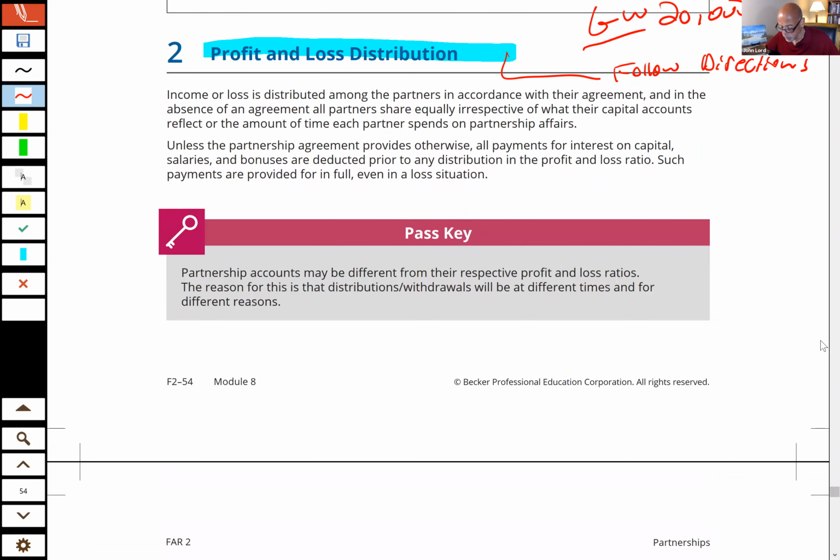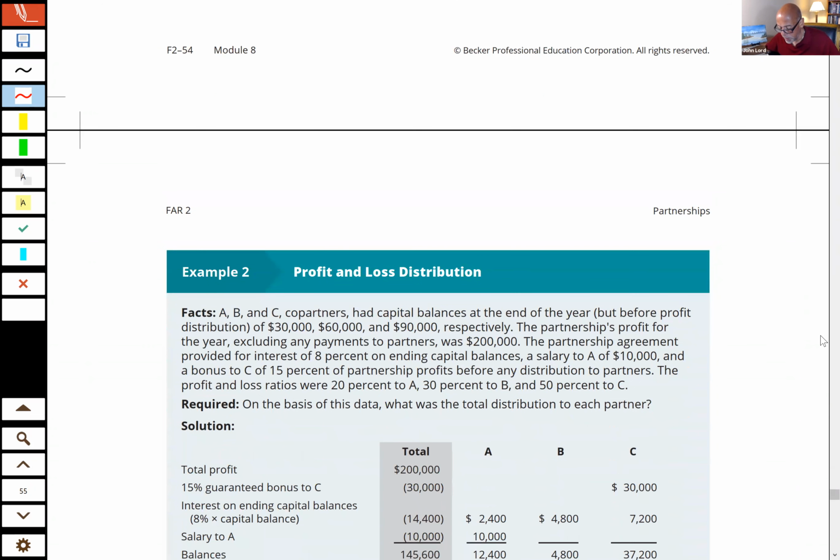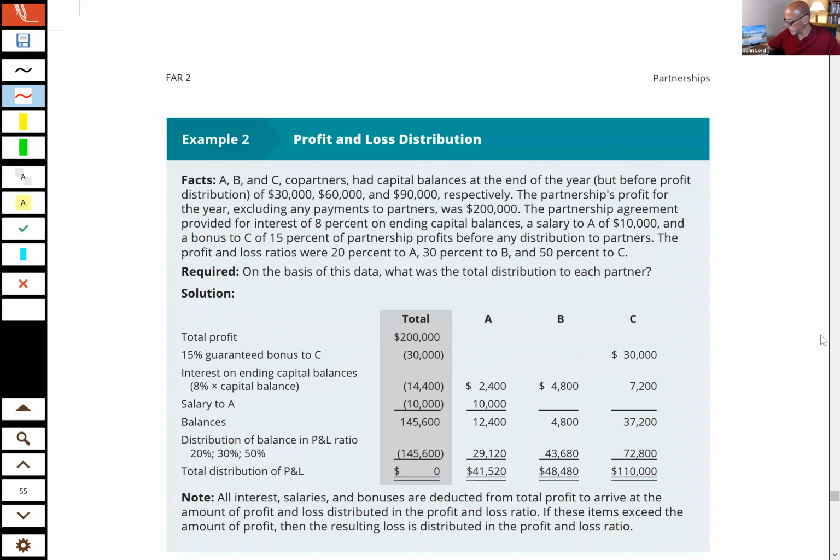Okay, so let's just practice with that a little bit though, and let's look at this example down here where you have these partners A, B, and C, and they have capital balances of 30, 60, 90 respectively. The partnership profit for the year was 200,000.